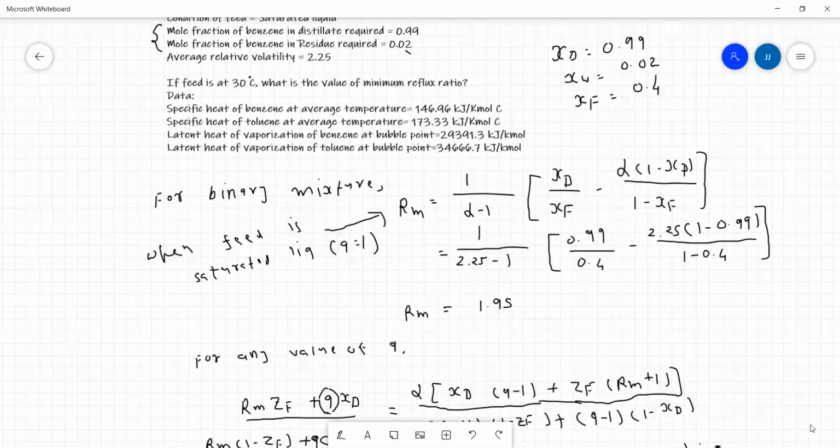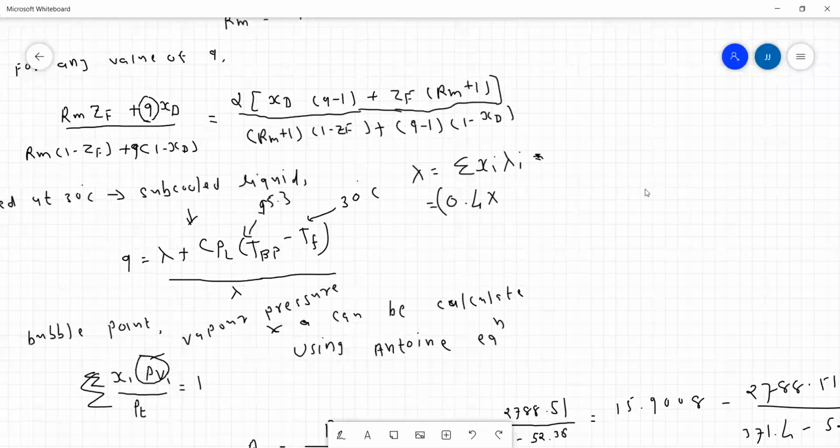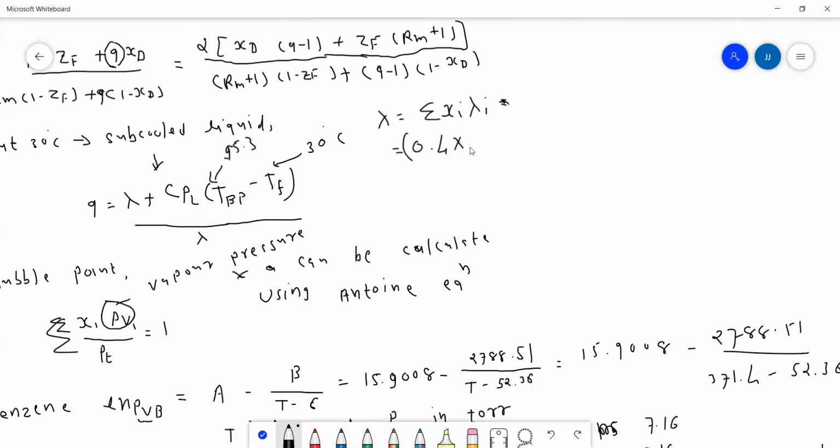Let's see. The latent heat of vaporization of benzene at bubble point temperature is 391.3. Here it is, 391.3, this is for benzene, plus toluene.